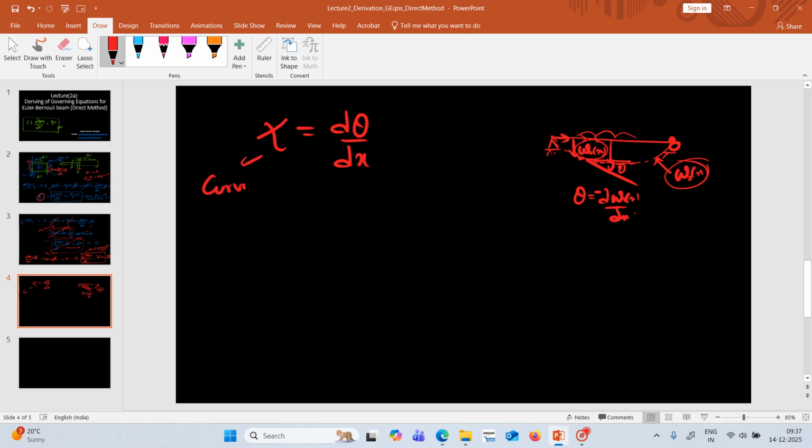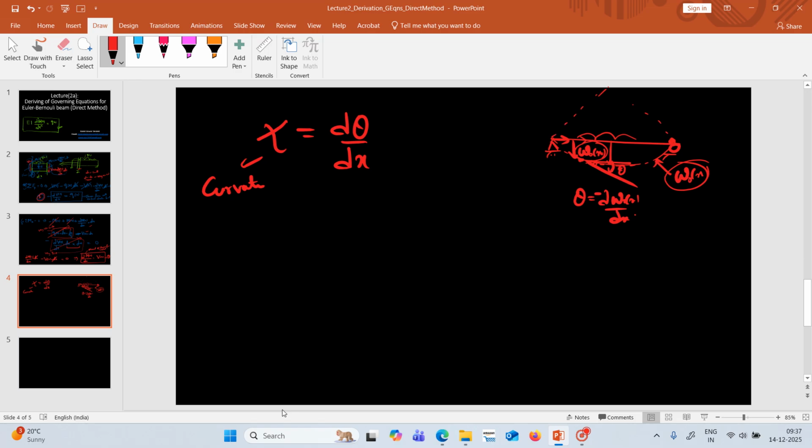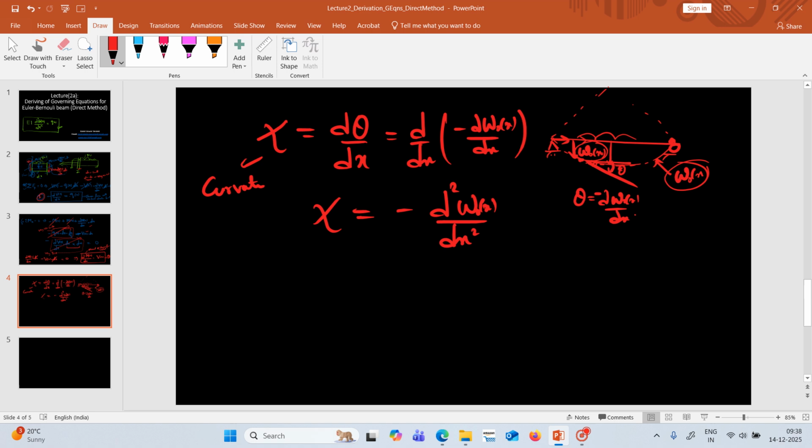That is the curvature because the beam is bending. So curvature is the rate of change of slope, d theta by dx, and theta we have already found as minus del w naught of x by del x. So it would be minus d2 w naught of x by dx square. That is the curvature.